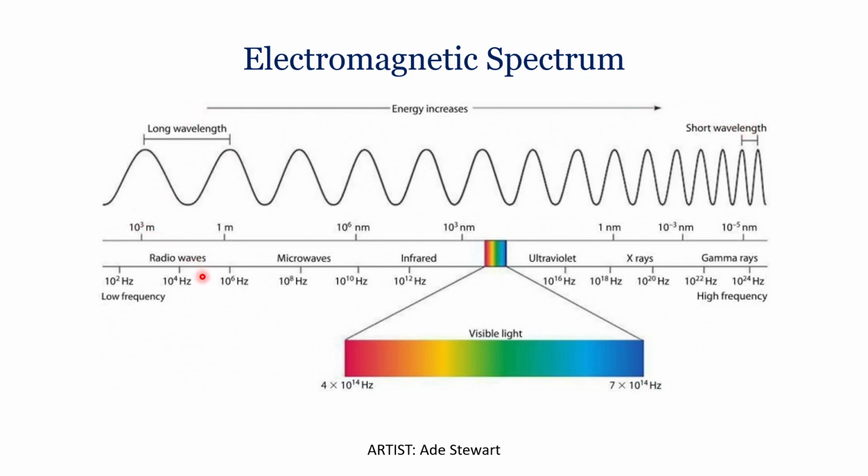Long wavelength means radio waves, then microwave, then the infrared region, whose wavelength is longer than the visible wavelength.